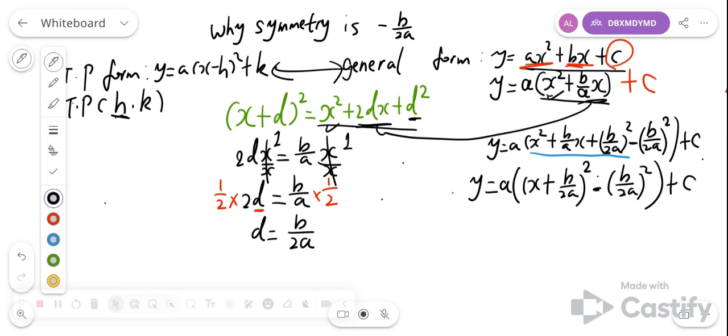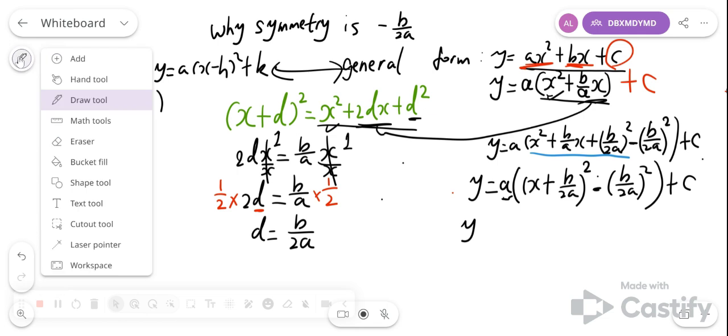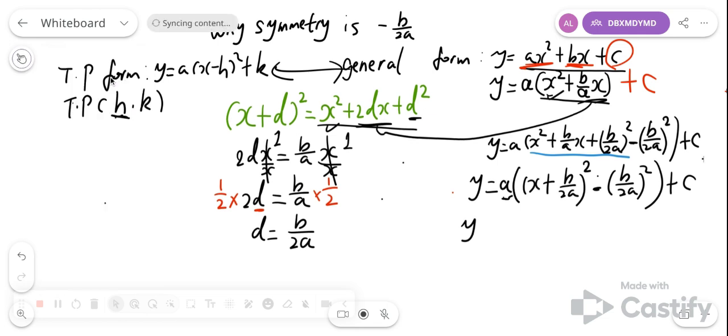Let's continue a little bit more by putting this number a back into the bracket. So we expand it because we are trying to make the general form and the turning point form somehow relevant. So now it's kind of relevant, but since the a still stays outside the first bracket, we need to make it only have one bracket involved for my whole form.